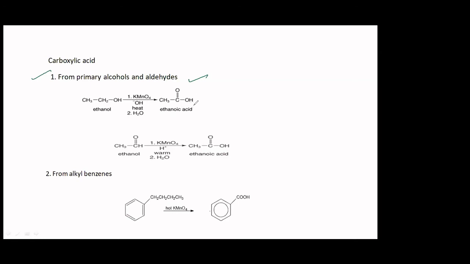Whereas Jones reagent, which is CrO3 in dilute H2SO4, is an aqueous medium, so that is going to oxidize to the carboxylic acid. Alkyl benzene is very, very important: however big the group is, the benzylic carbon is the one which gets oxidized. You are going to get benzoic acid. Okay. Any doubt?